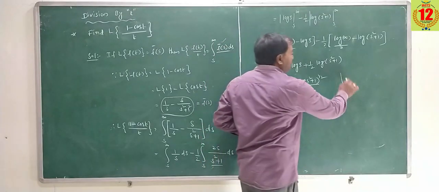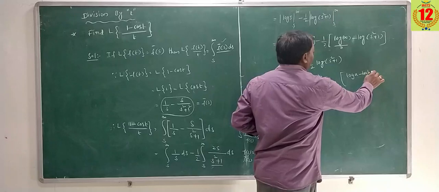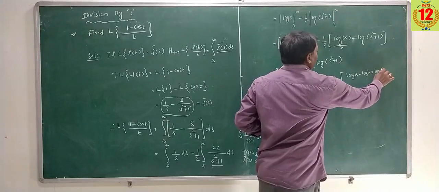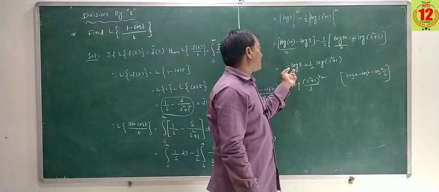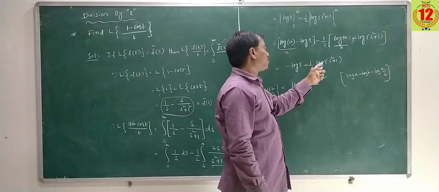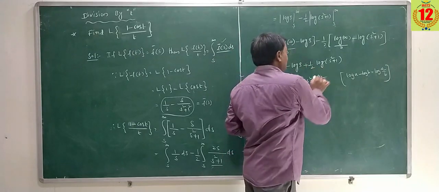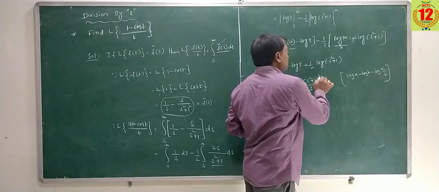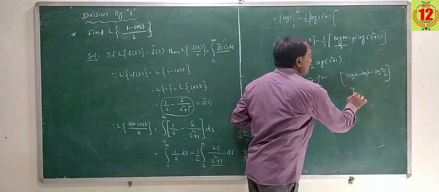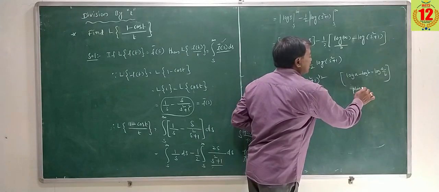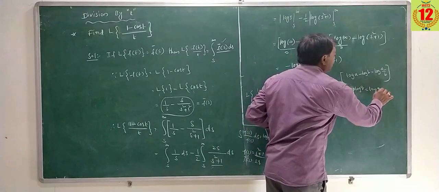Again we use this property, log a minus log b equals log a by b. So here this is minus log s plus 1 by 2 log of s square plus 1, so we write this as s square plus 1 whole square. A or some p log q equals log q whole power p.